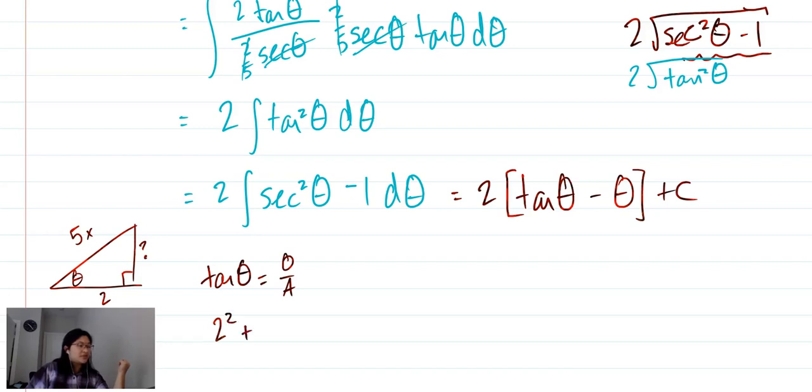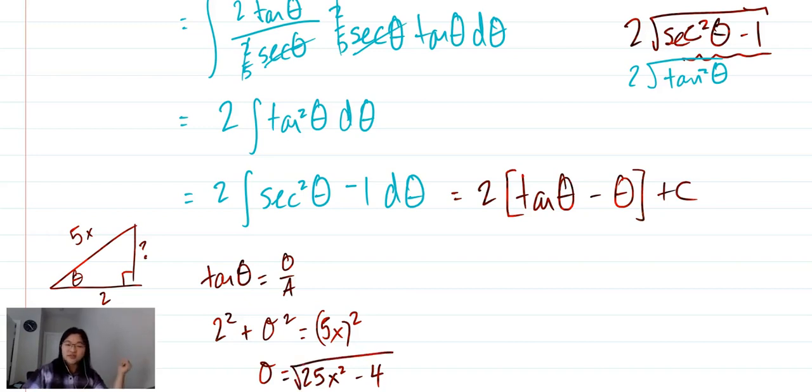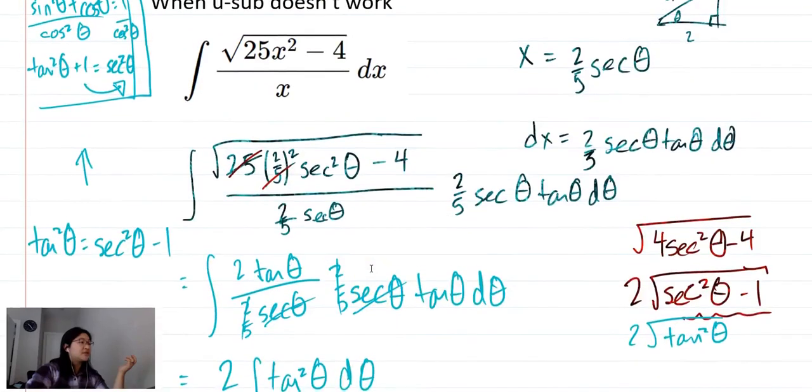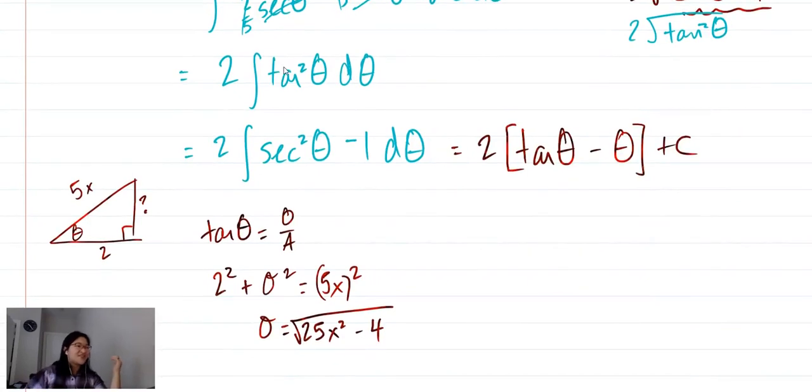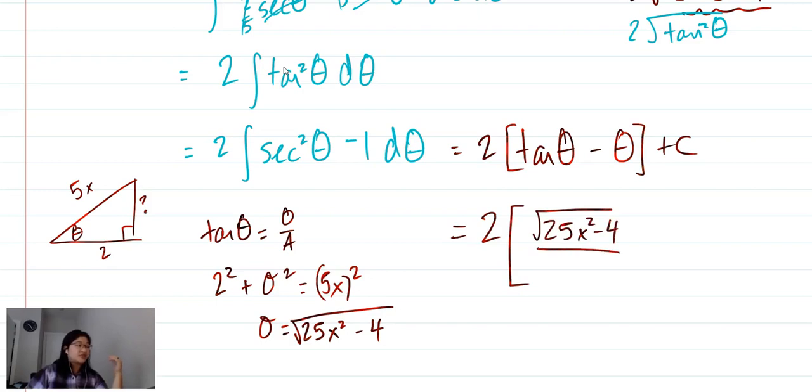So 2 squared plus, let's call it O, that's bad notation, squared equals 5x squared. So then O is the square root of 25x squared minus 4. That looks conspicuously like what we had in our numerator at the very beginning. Remember that? That's probably where that secant came from. So then tangent theta is going to be root 25x squared minus 4 over 2, opposite over adjacent.